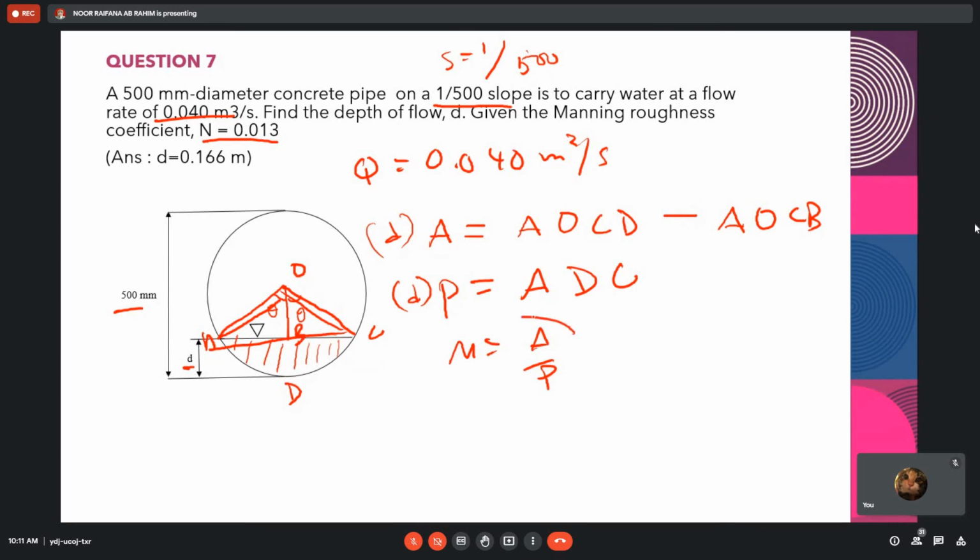So bila dah dapat M dalam sebutan D ni, kita boleh pakai Manning's equation, which is tadi Q sama dengan A 1/n, M 2/3, S 1/2. So masukkan semua dalam sini. Nanti finally you akan dapat dia punya D berapa.